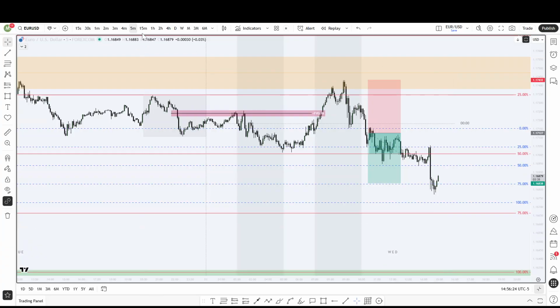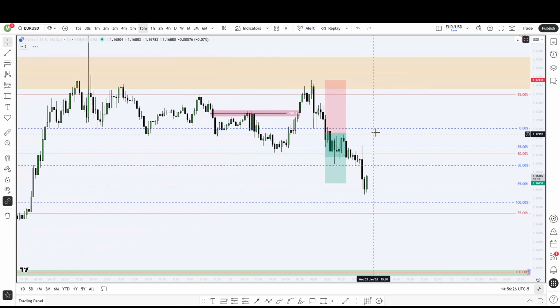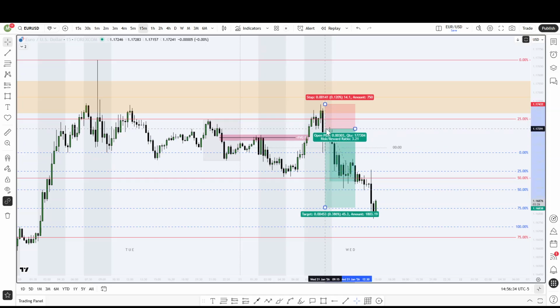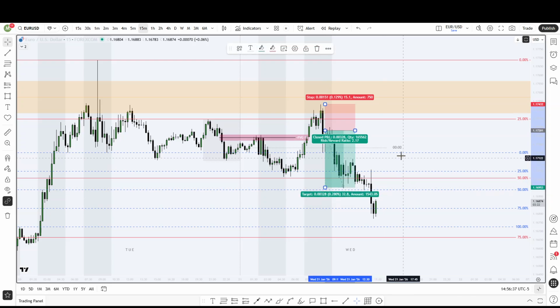Let me see. I can't see it from here. Oh, I'm sorry, I took it from this value gap right there. I took it here and took it to the 50. Just above the 50. Yeah, that was it.